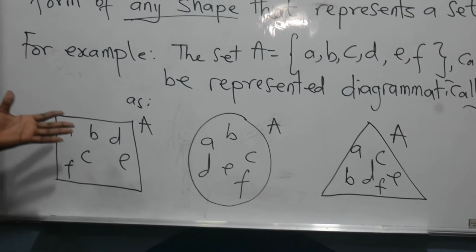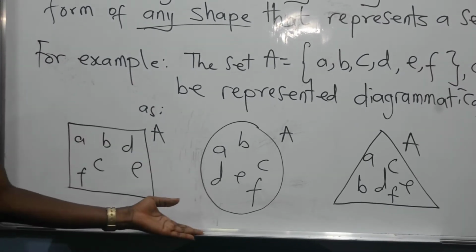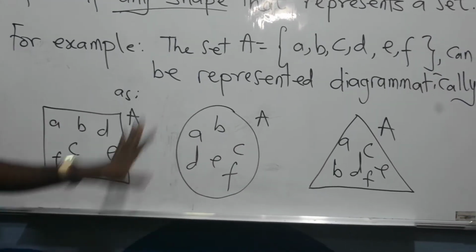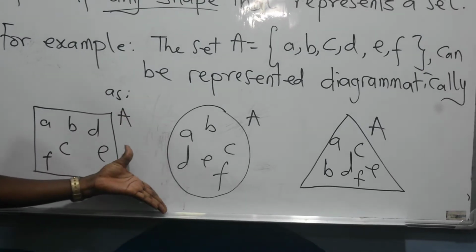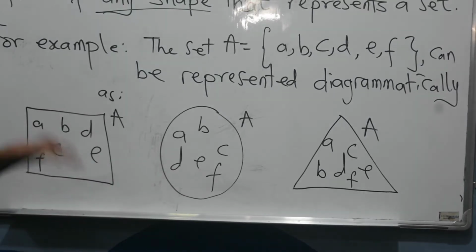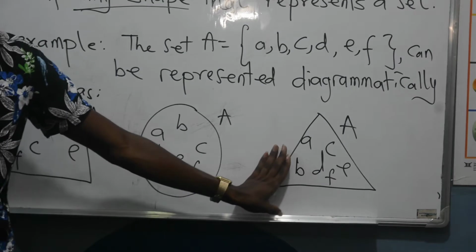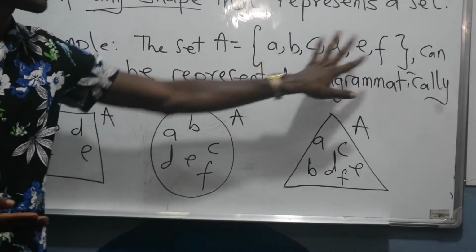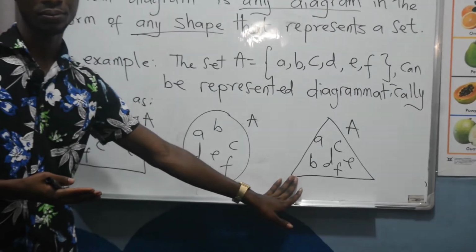I can also choose to represent set A with a circle. So I draw my circle and I put all the elements of set A inside the circle. This is another form of a Venn diagram representing set A. I can also choose to represent my set A with a triangle. So I have a triangle here, and you can see all the elements inside the set A are also inside the triangle.